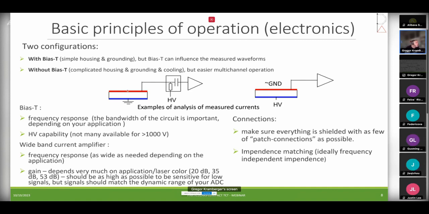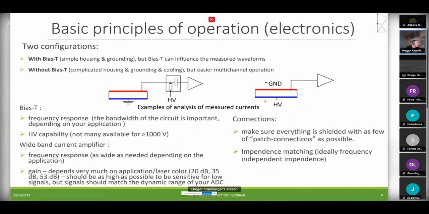It's much easier to ground, shield, and cool, but it's not so appropriate if you would have, let's say, two electrodes. For multi-channel operation, you would need to put high voltage at the backside, and then you can use it without the bias T, but it's much more difficult to realize the connections.